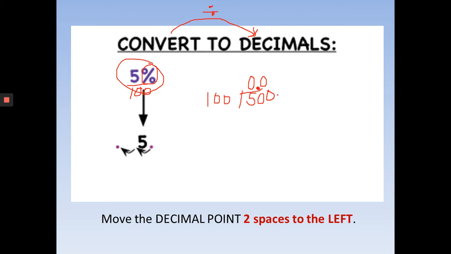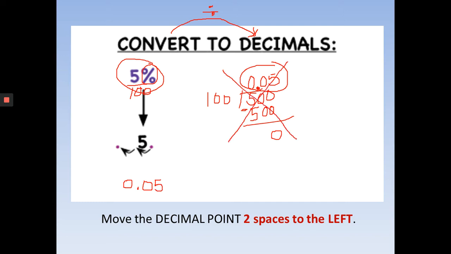We can add as many zeros as we need. So we'll add one more 0 there and try to divide again. 500 divided by 100 is 5. So 5 times 100 is 500. Now 500 minus 500 is 0. So our answer is 0.05.